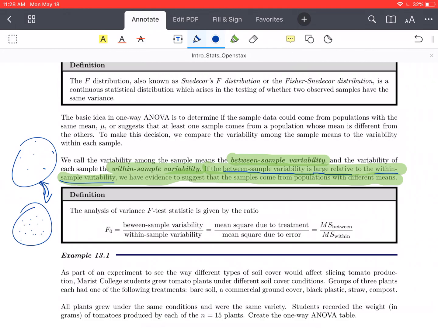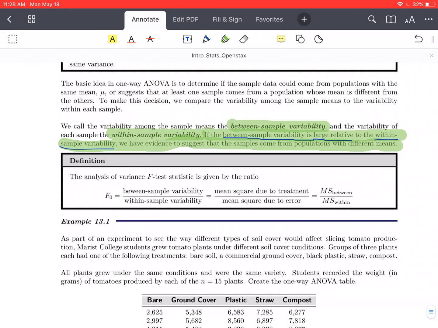So that would indicate that we have different population means. Whereas if all the values within this first sample and all the values within the second sample are relatively close to each other, and the between sample variability is pretty low, then we would not have strong evidence to conclude that the means were different. So we take both of them into account.